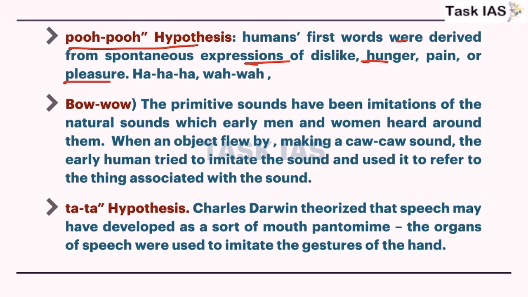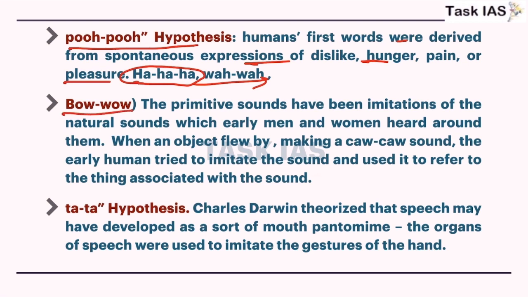So by these sometimes voluntary or involuntary expressions, some sound was created. For example, ha ha ha, when someone is laughing. So combinations of these kinds of words have led to the creation of language.